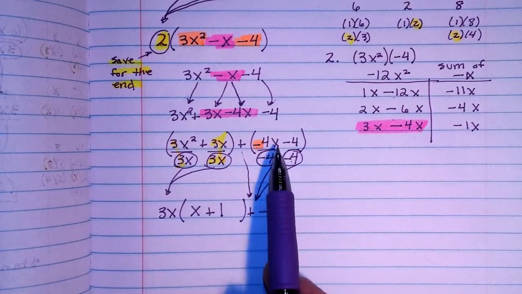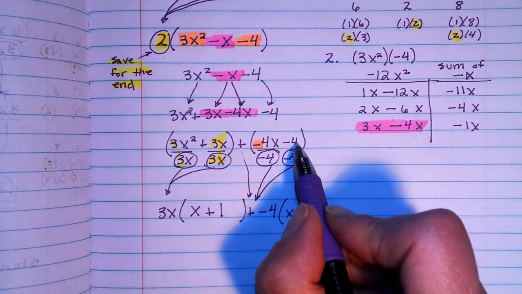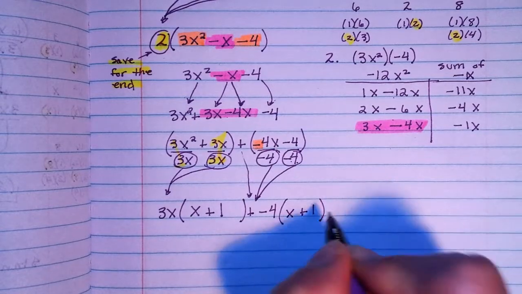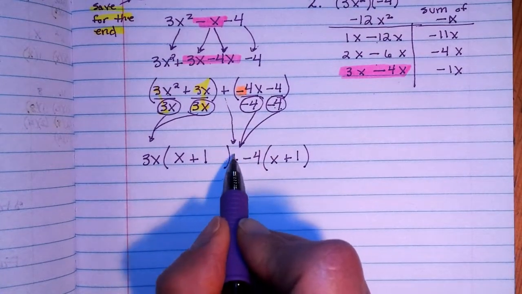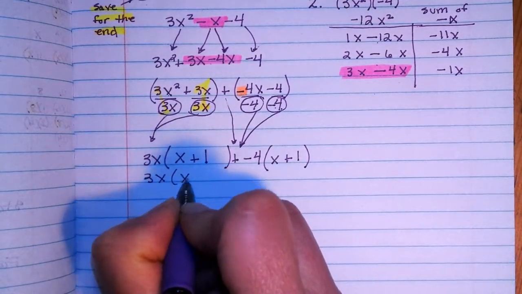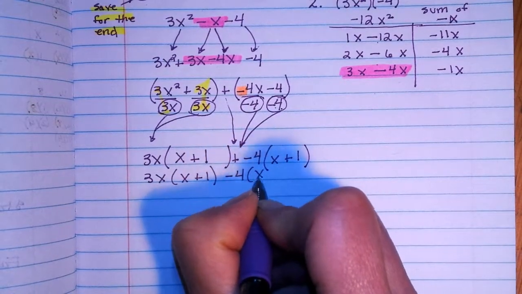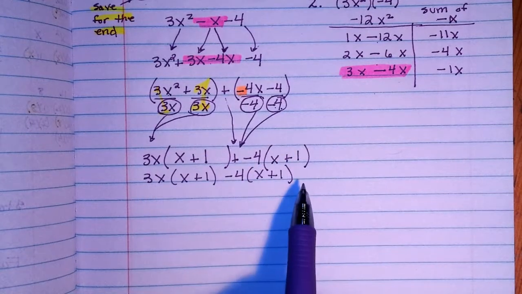So negative 4x divided by negative 4 is x. Negative 4 divided by negative 4 is a plus 1. Okay, so this is a plus minus, which is the same as just a minus. So if I simplify this, I get this.